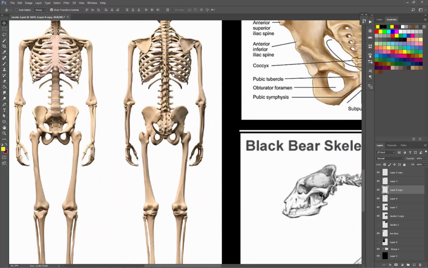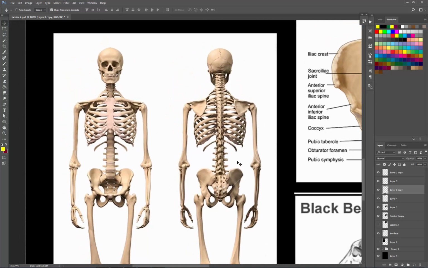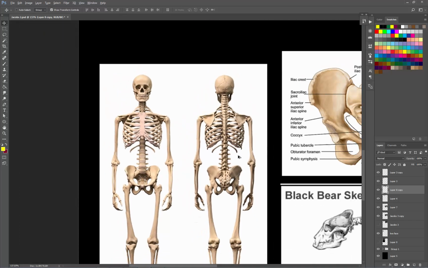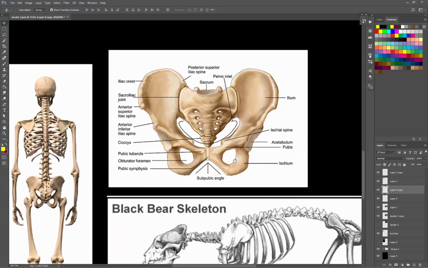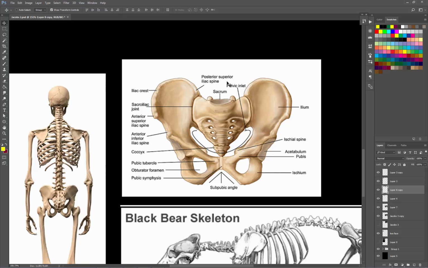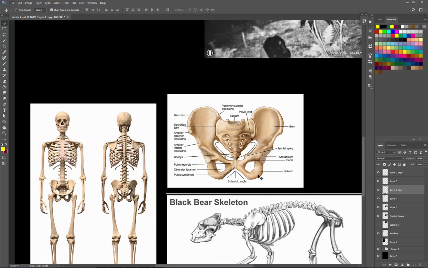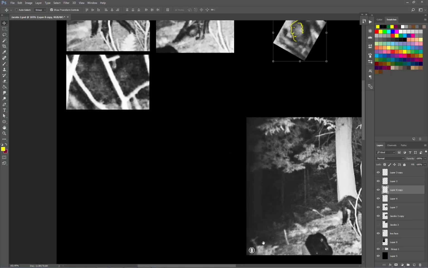And so when you look at the human skeleton, which I believe the creature is most similar to, this is the human posterior, pelvic, ischium, I think that's pronounced ischium, bone. This bone here which sticks out is very similar to this creature.